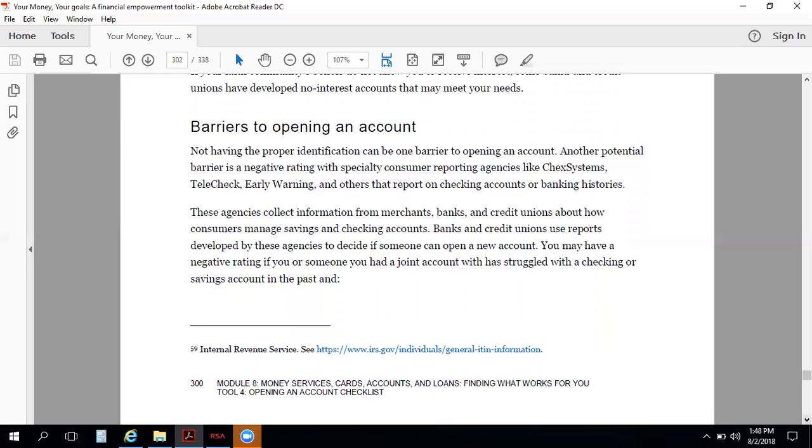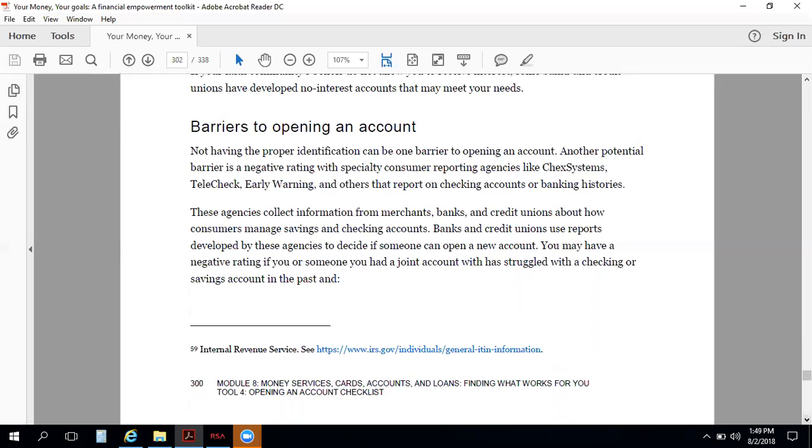They may have a poor banking history, a history with overdraft fees every month at a prior institution. These are some of the things that might be a barrier to them to open an account, as well as if there is a minimum amount required for a client to make a deposit, they don't have that information, or they don't have that much. Say they need $100, they don't have it. Obviously that's a barrier right there.